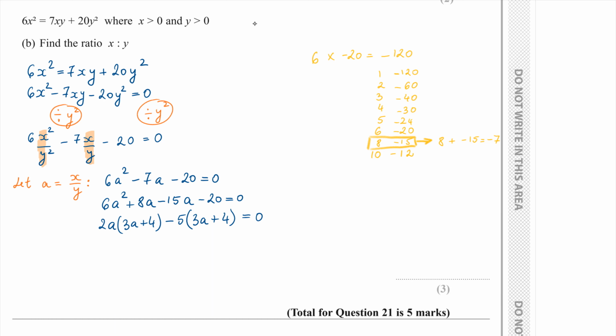We know that we are on the right track because the brackets are the same. To factorize this fully, we write them in double brackets, 3a plus 4 and 2a minus 5.